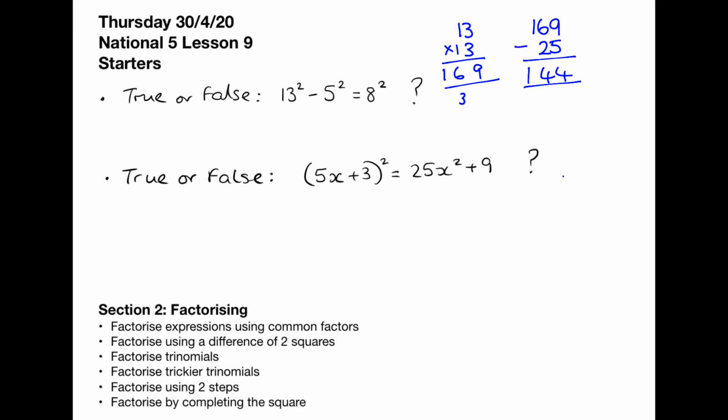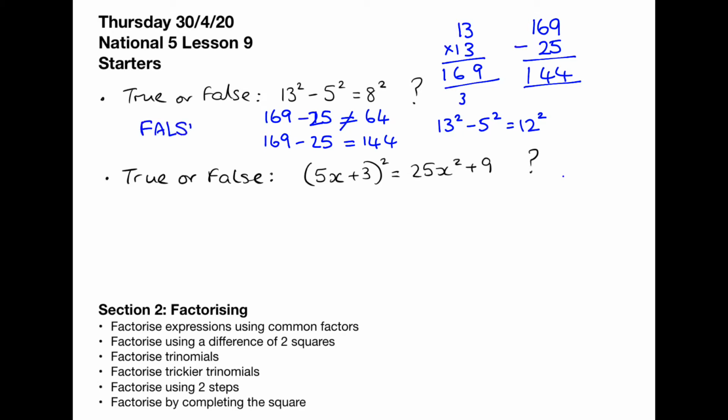Well, the answer clearly is no, because 169 take away 25 does not equal 64, which is 8 squared. 169 take away 25 is equal to 144, which, by the way, is 12 squared. So the correct statement is 13 squared minus 5 squared is equal to 12 squared. Okay, but I just wanted to know if it was true or false, and the answer is false. It's a big fat fib.